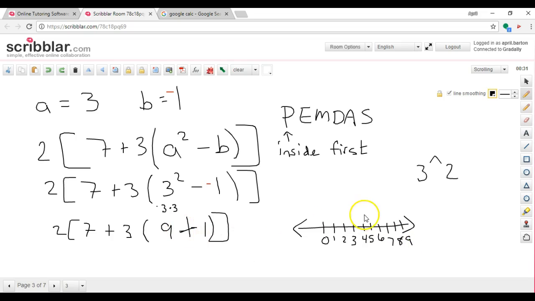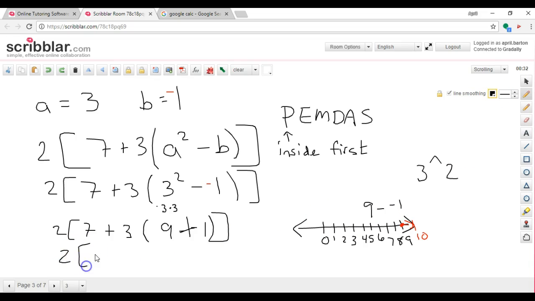So 9 minus negative 1 is saying start at your positive 9. And then normally minus tells you to go left, but the negative switches it to the opposite direction. So minus minus actually tells you to go right. So you're up to 10.